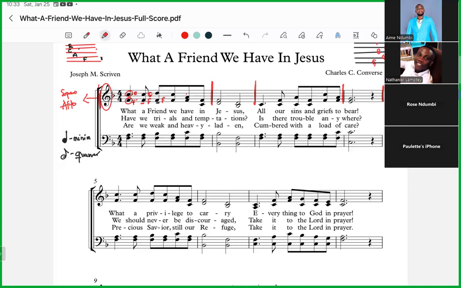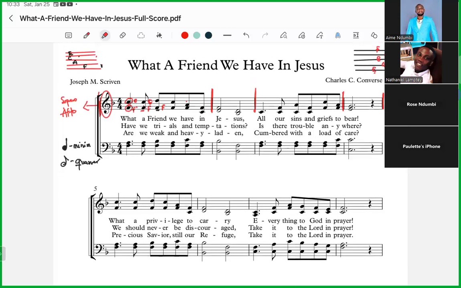Then we come to this note, which is the soprano note. Again, you follow the principles I was given. Music is all about principles. So is it on the space or on the line?